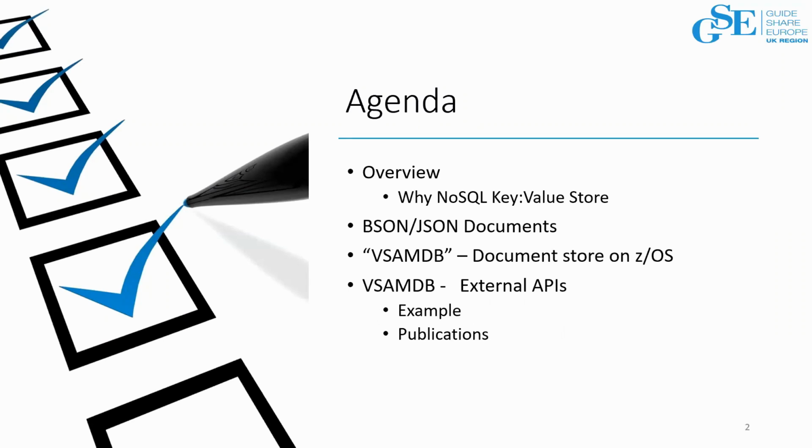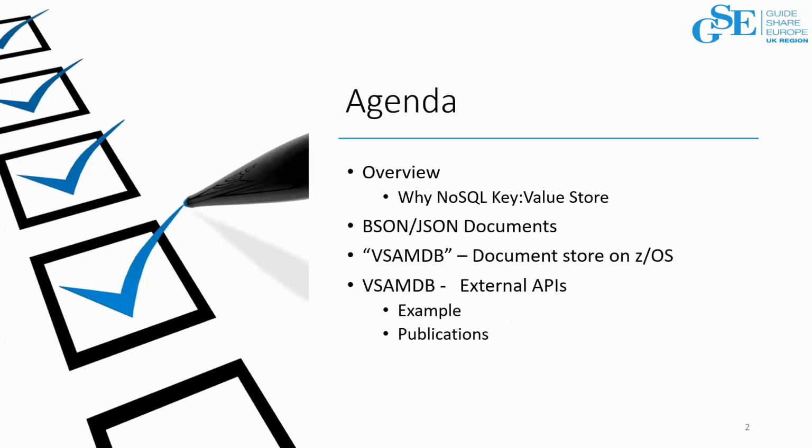We've potentially got a lot of different skill levels here today, so I want to start with a brief overview of NoSQL and some of the reasons why you might want to use it when developing your applications. We'll take a minor detour. I don't want to spend a lot of time on this, but because we talk a lot about BSON and JSON documents, which is really the database type that we're leveraging in VSAM, I want to spend a few minutes walking you through JSON and BSON.